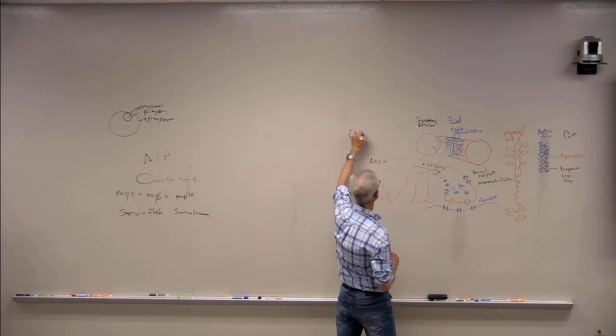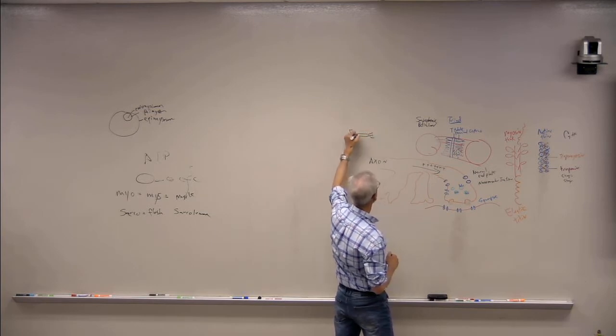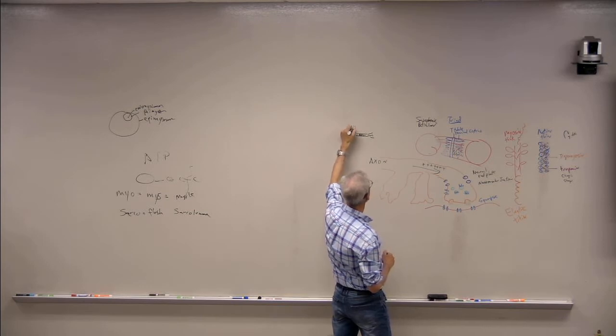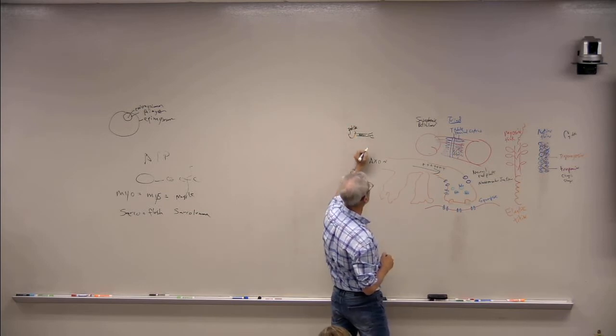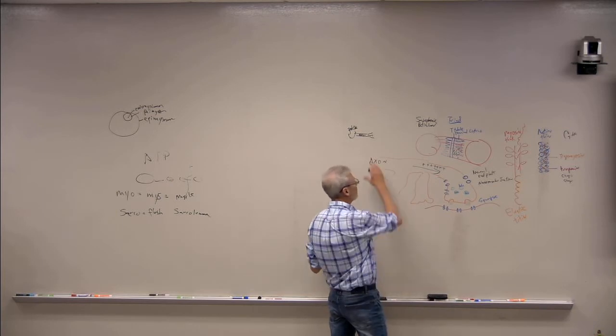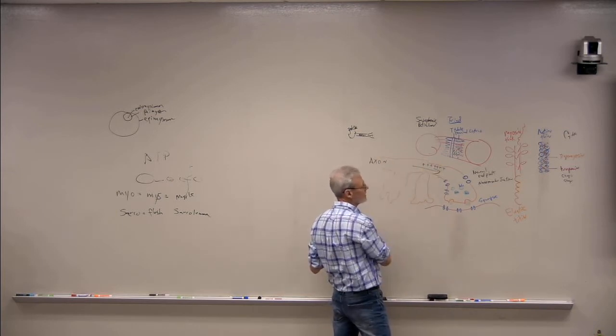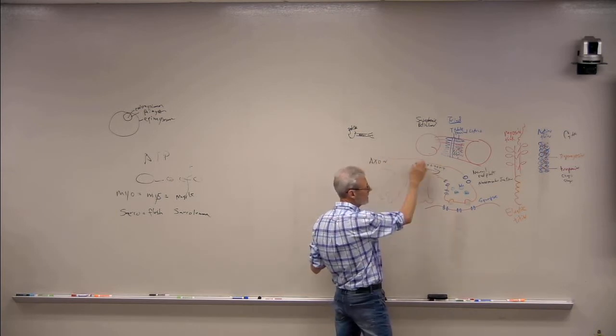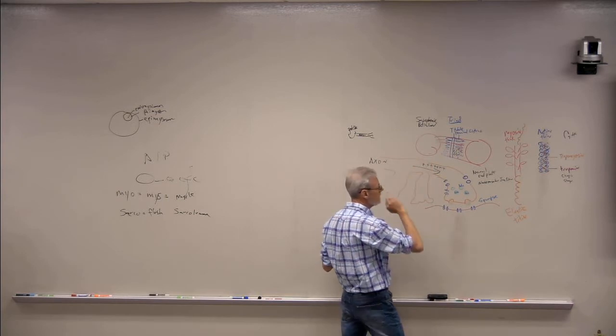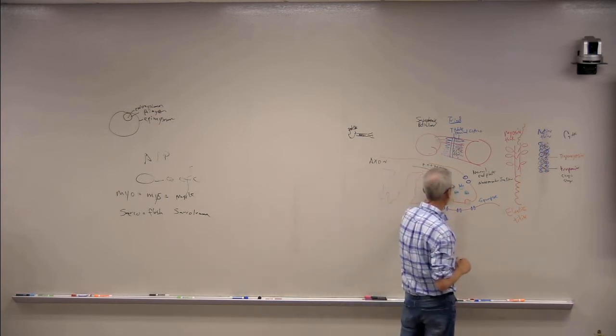Remember dendrites, axons. So when this electrical potential comes down, it opens calcium channels.